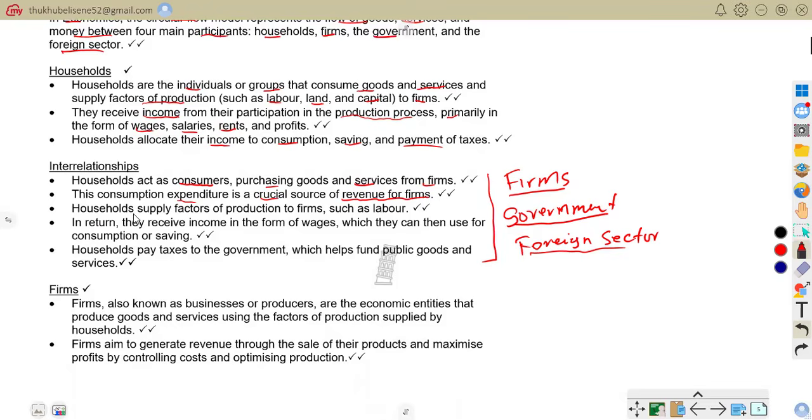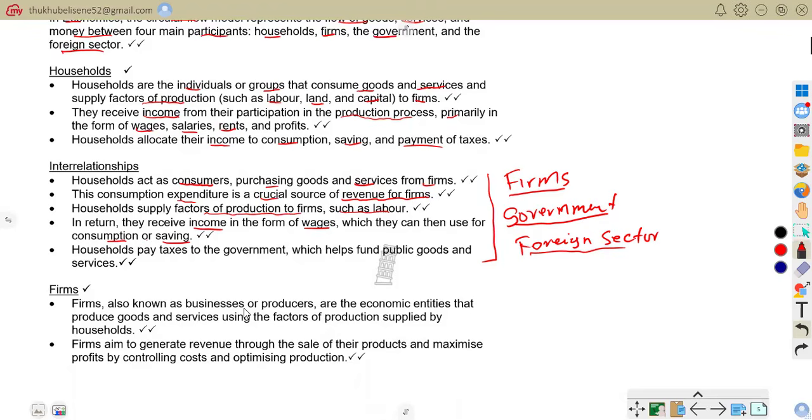Also, households supply factors of production to firms, like labor. In return, they receive income in the form of wages, which they can then use for consumption as well as for saving.